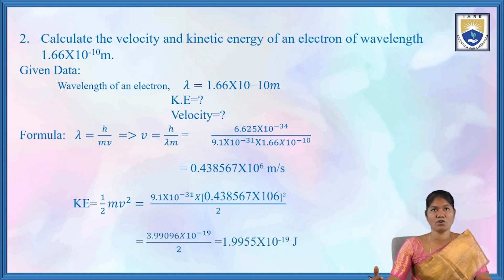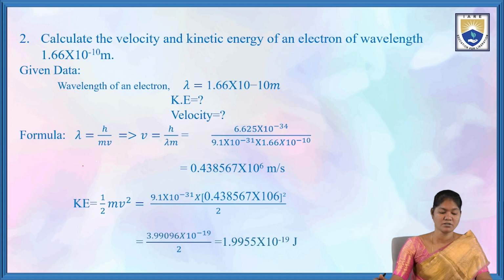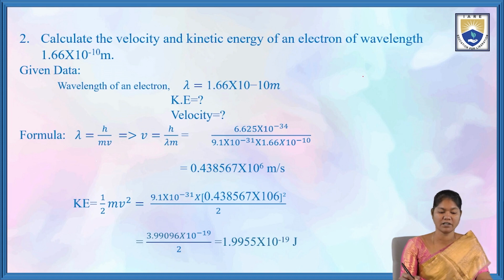Either we can solve it like the previous problem, or else we can use the formula lambda is equal to h by mv. First of all, we shall see what data is given in the problem.